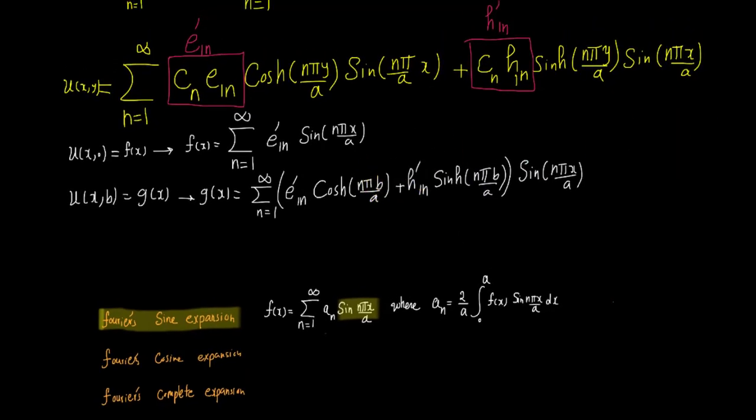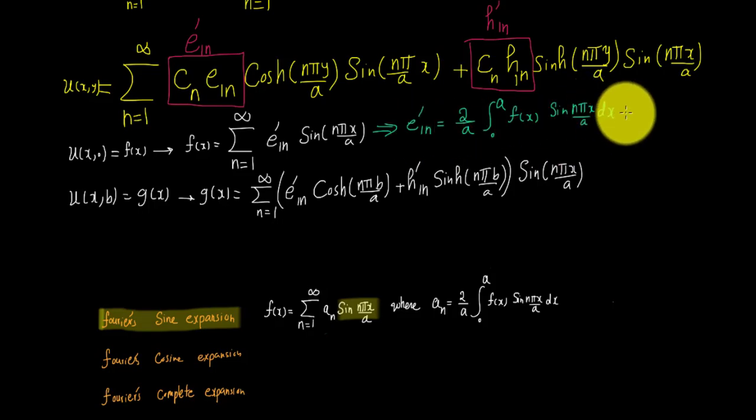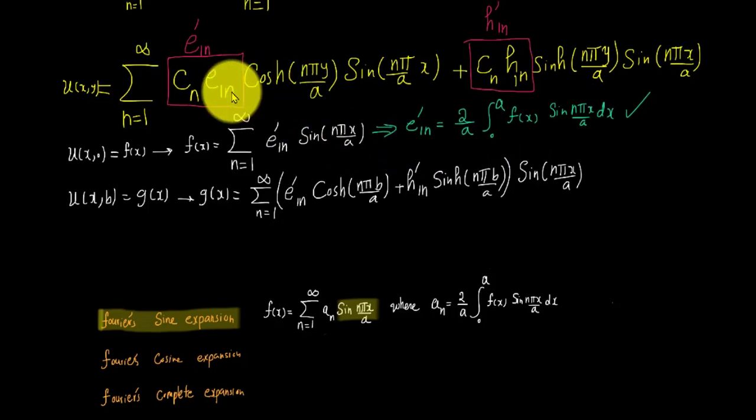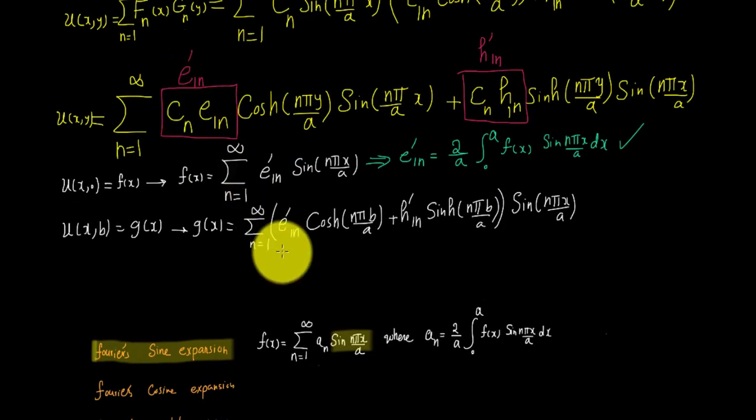This means that for the first equation, we can easily get e prime 1n, which is equal to 2 over a times the integral from 0 to a of this known function f of x times sine of n pi x over a dx. So from this, we are done with finding e prime 1n.